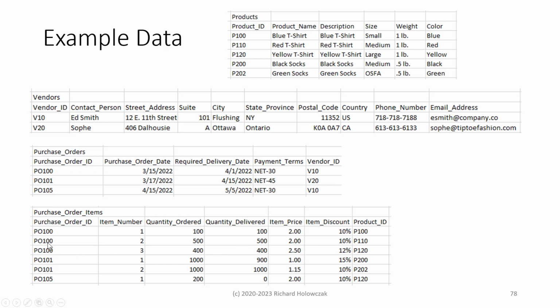Those are all under purchase order ID PO 100. Again, notice why we have to make this the key. We need a combination of the purchase order ID and the item number to make a unique key that can then identify exactly one row or tuple in our relation.